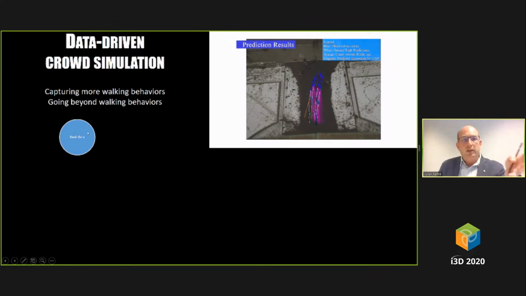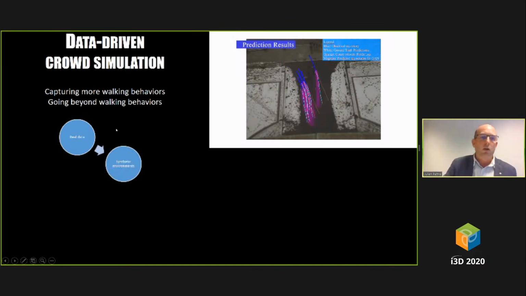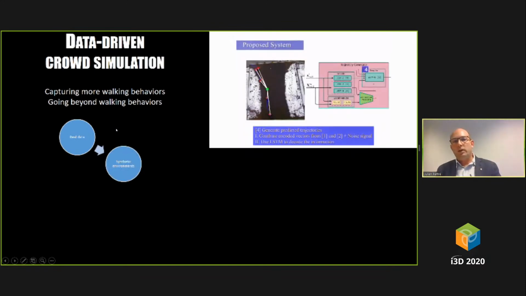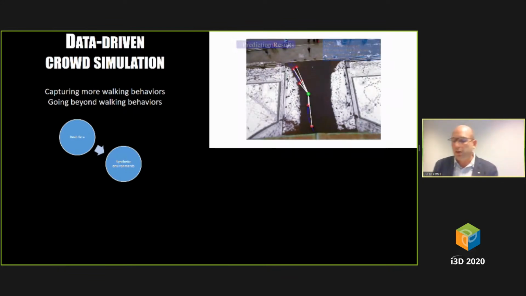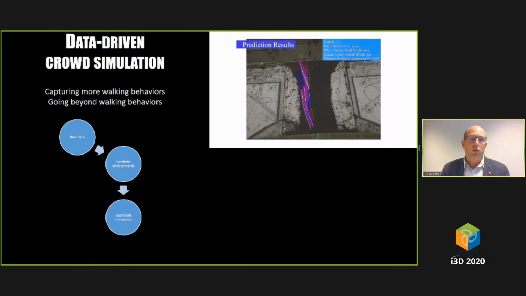More generally, we believe that there is an interest in having this loop: real data can tell a lot about how people behave, and we can learn from that and generate synthetic environments that resemble those real environments. You can immerse people into those environments.